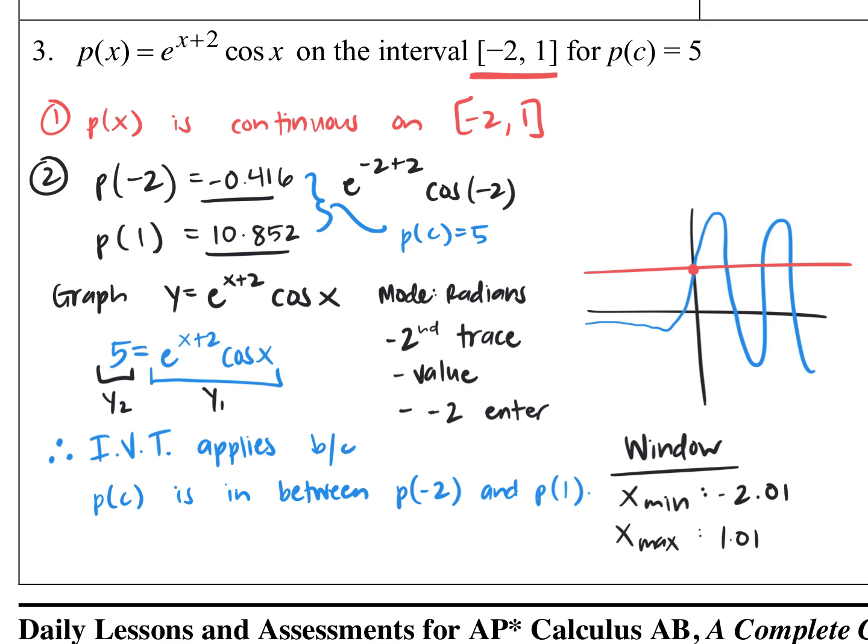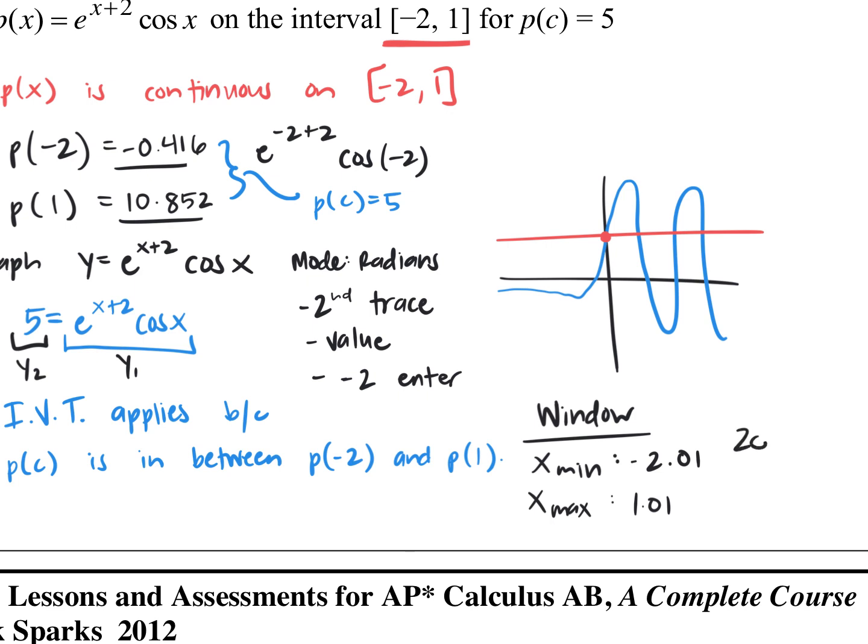To make it even nicer, choose the zoom function, I think it's option 0, it says fit. What that's going to do is take your window from -2 to 1 and zoom in on your y values for you. So you don't have to figure out whether you need to up your y values or make them smaller. It'll just fit it for you on your screen. So do we all have -2.01, 1.01?